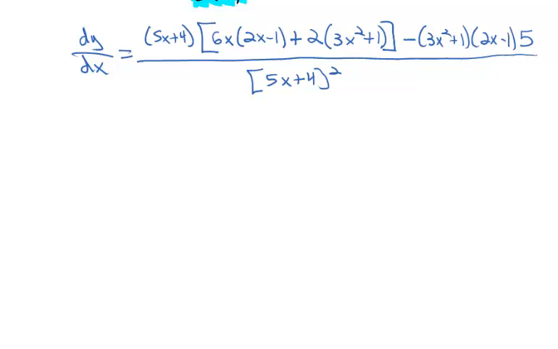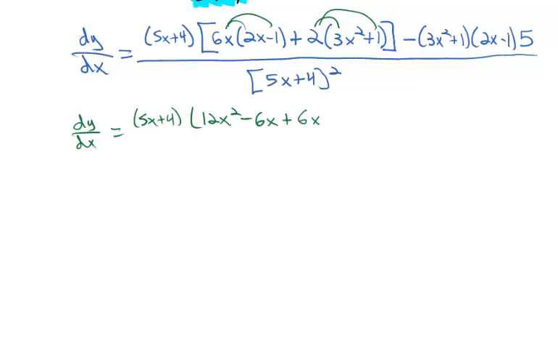This one I'm going to say we can simplify out. It's going to be several steps. It's not going to be quick, but it's not hard either. Inside the parentheses first, we're going to distribute through. So we have dy dx equals 5x plus 4 times 12x squared minus 6x plus 6x squared plus 2 minus, I'm going to put the 5 out front and FOIL out these guys here.